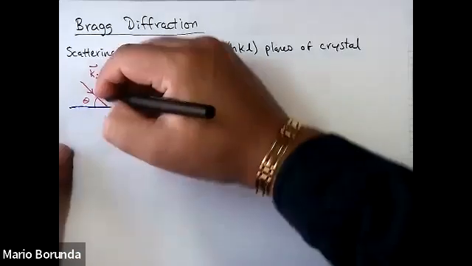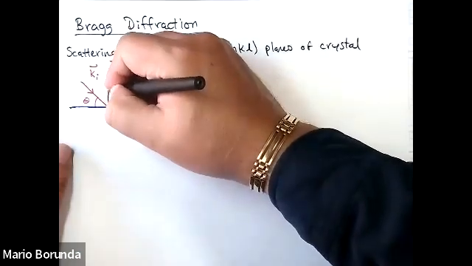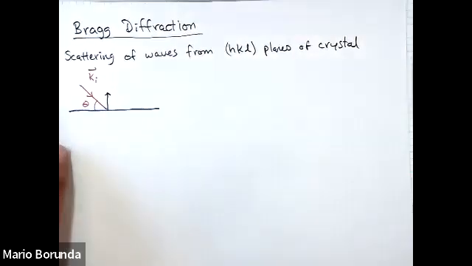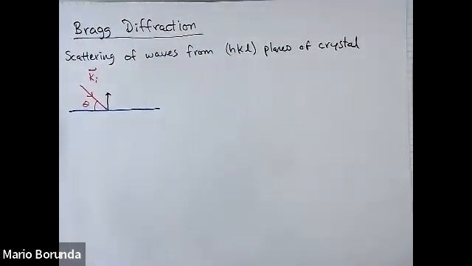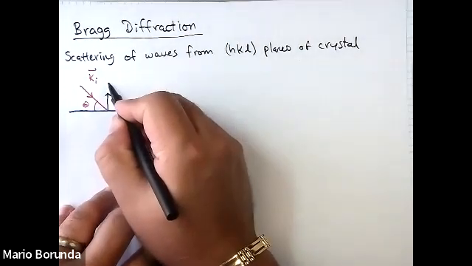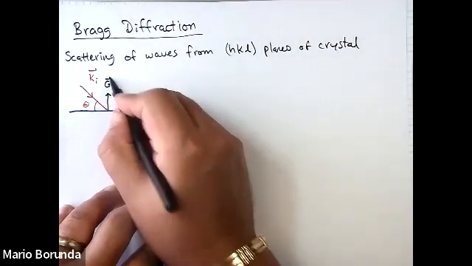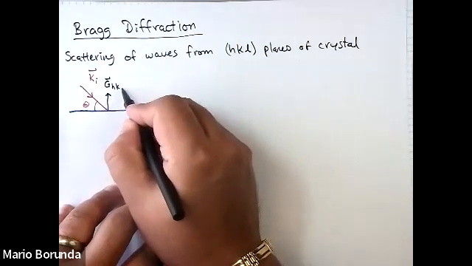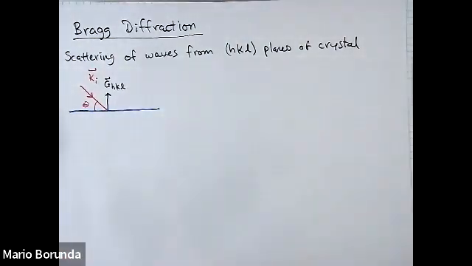We have a vector coming normal to this plane. What's the name of this vector? That guy, right? The reciprocal HKL vector.